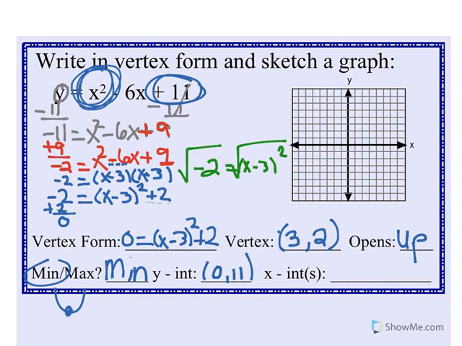Ooh, can we take the square root of a negative number? Is there any number times itself that will ever equal a negative number? If you have never thought about it, the answer is no. There is no number times itself that could ever equal a negative number, because a negative times a negative is a positive.